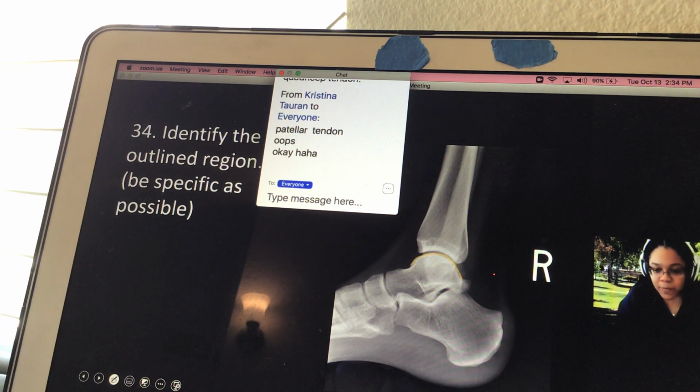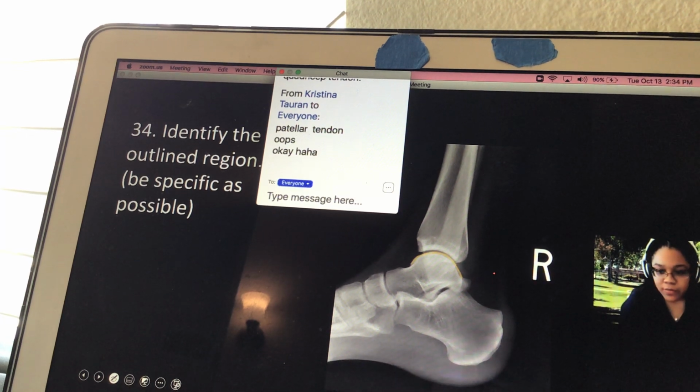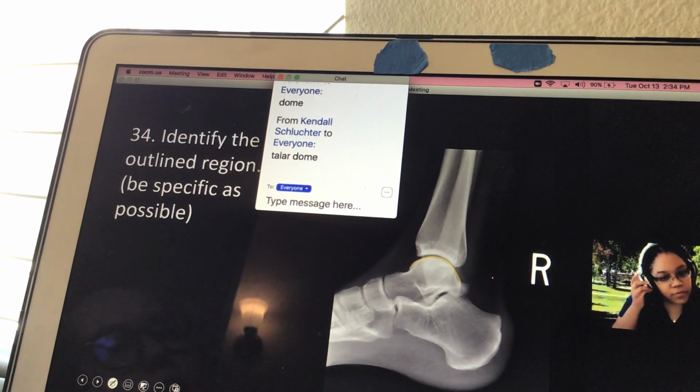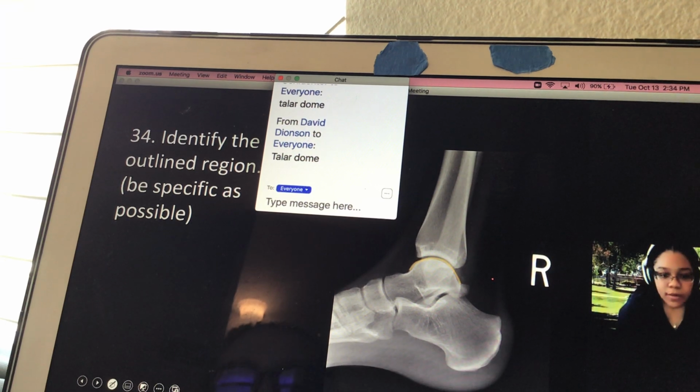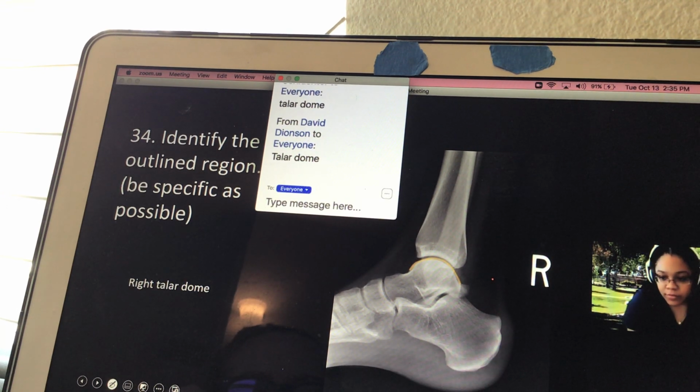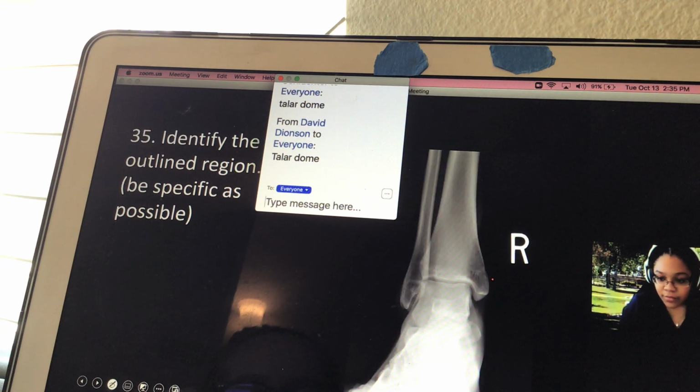Alrighty. What's this structure? Good. This is the talar dome. What's my favorite word? The tibial plafond. Good.